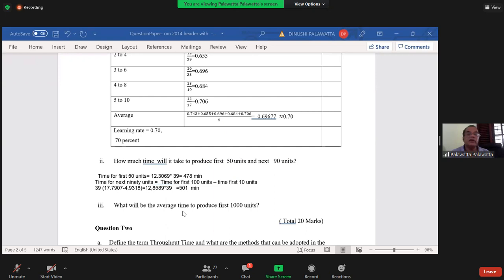What will be the average time to produce the first 1000 units?